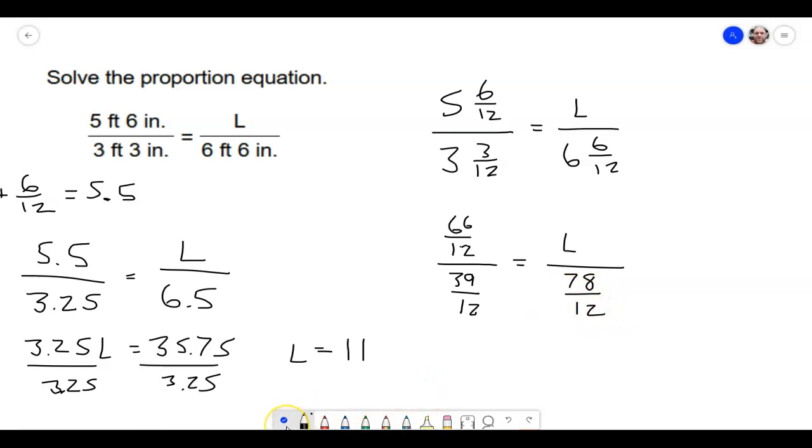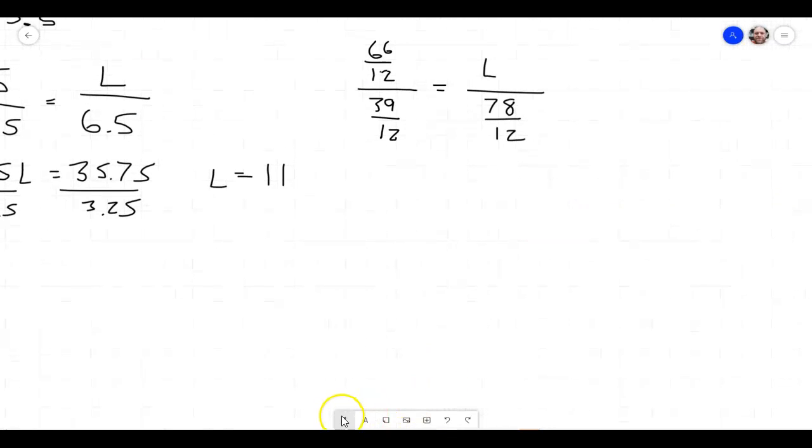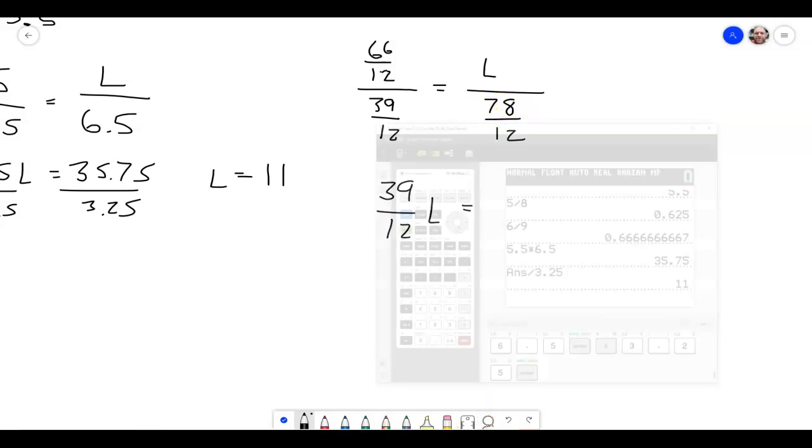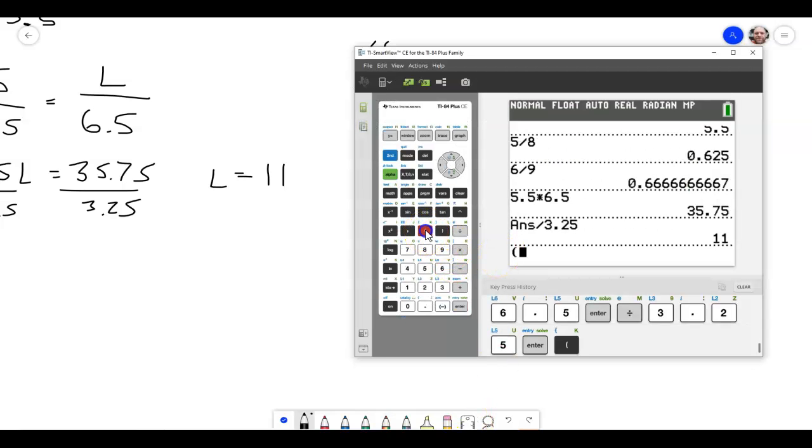And then we're going to use the same process. We're going to cross multiply and divide. So we're going to have 39 over 12 times L is equal to 66 over 12 times 78 over 12. And the way I do this in my calculator is I'm going to use parentheses.